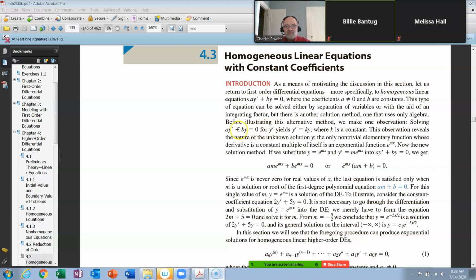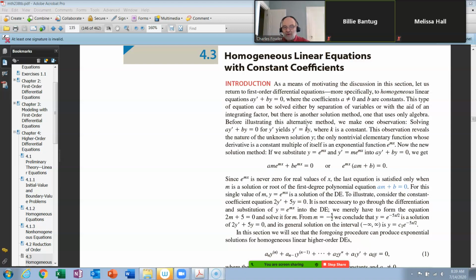If you solve this equation for y prime, in other words, you subtract b y from both sides and then divide by a, that would give us y prime is equal to b over a times y. Well, rather than call it b over a, they call it k. Now this is an observation here.